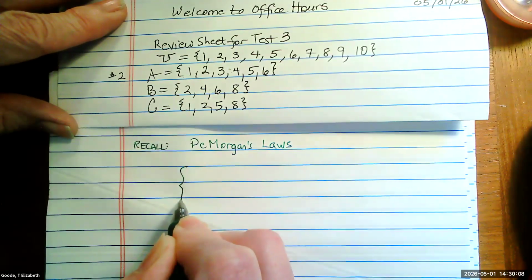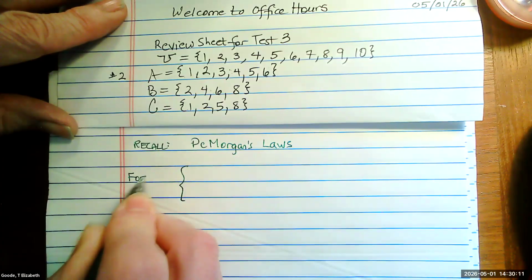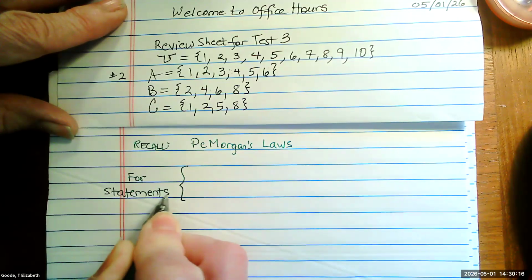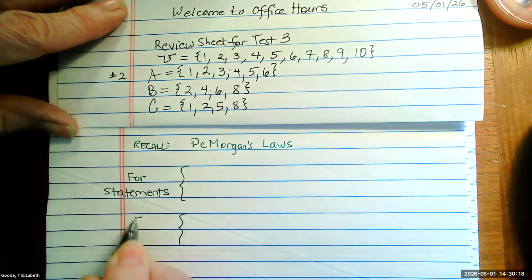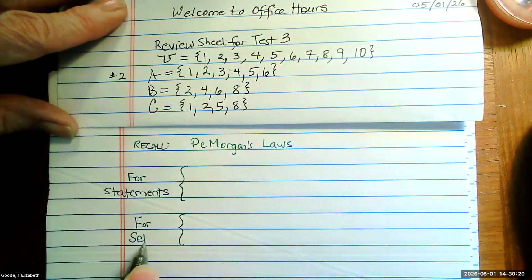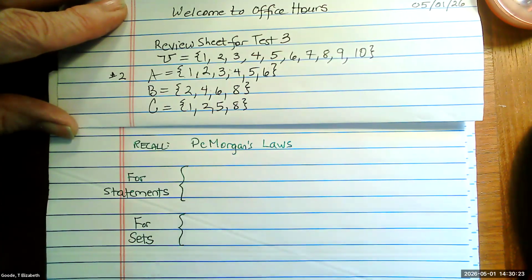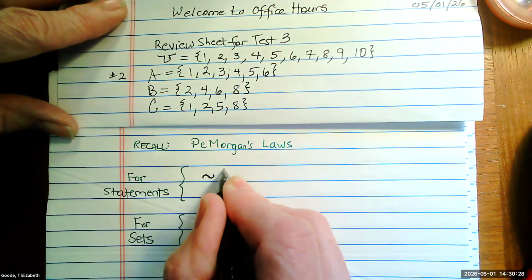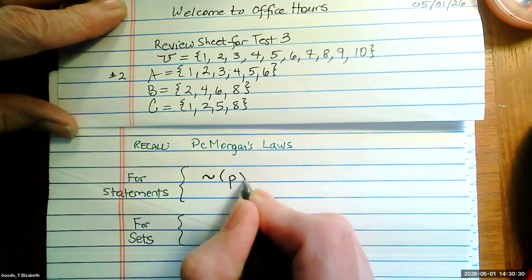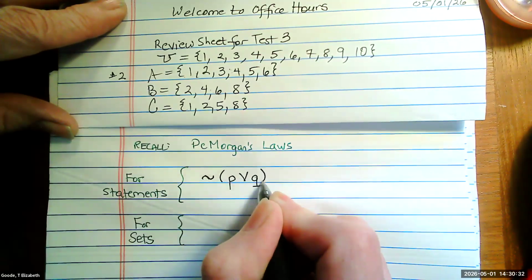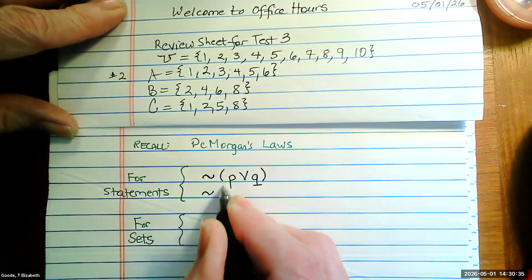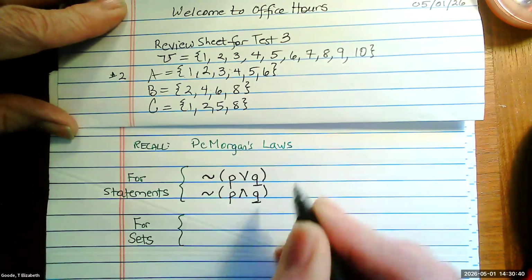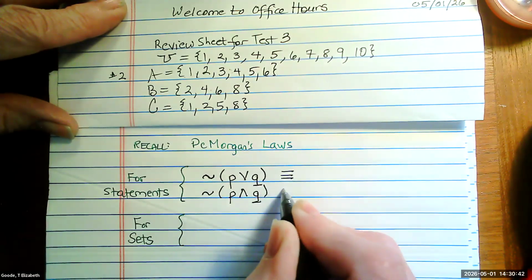We have two De Morgan's laws, and we have versions for statements and De Morgan's laws for sets. De Morgan's laws for statements tell us how we would distribute the not across the or operator, and also how to distribute the not across the and operator. Do you remember that? That's when we first came across De Morgan's laws.